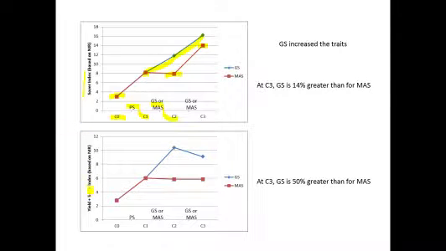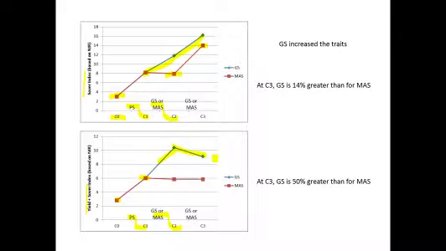Now let's look at yield plus stover index. Again, cycle 0, no selection. It's not too good. Cycle of phenotypic selection, the trait has increased. A cycle of genomic selection or marker-assisted selection. Well, one cycle of genomic selection has increased that trait quite a bit.